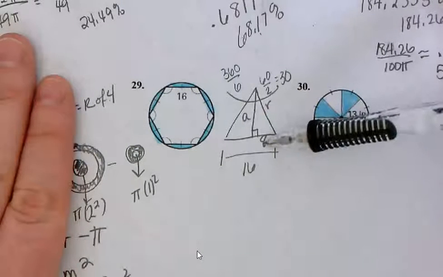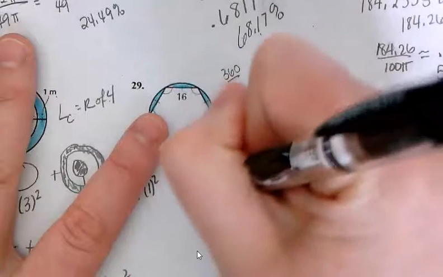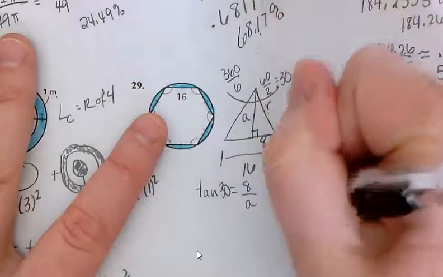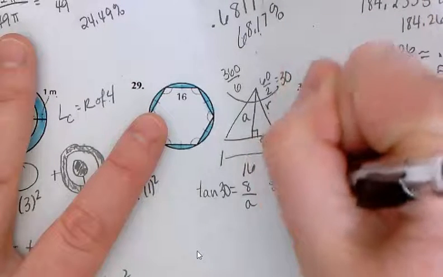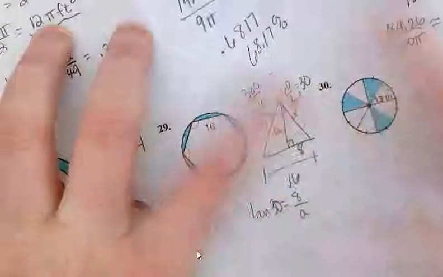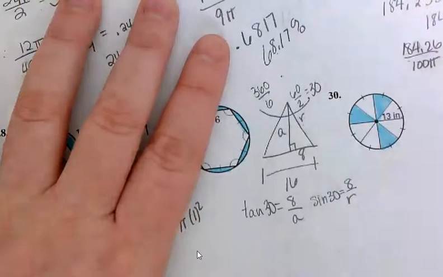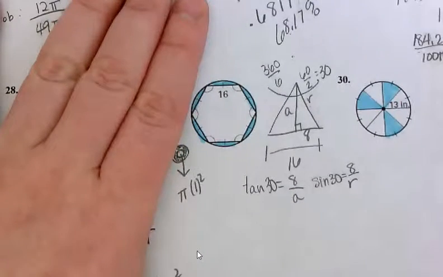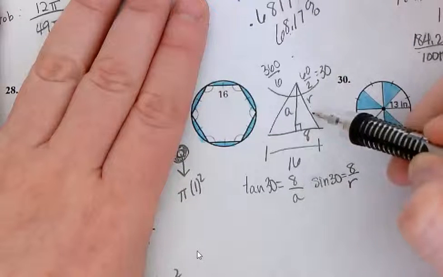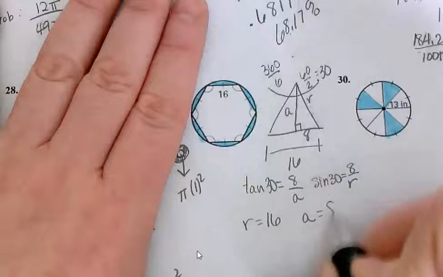Based on 8 being here, you would use tangent of 30 equals 8 divided by apothem. And to find your radius, you would use sine of 30 equals 8 divided by your radius. But since it's a special right triangle and I know that this is my short length, radius is double, so my radius equals 16 as well, and my apothem equals 8 root 3.